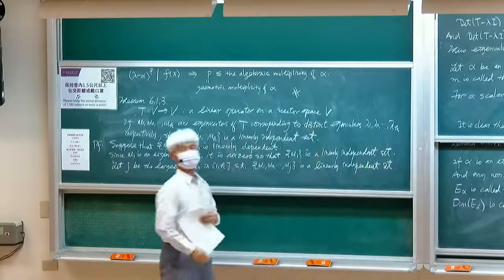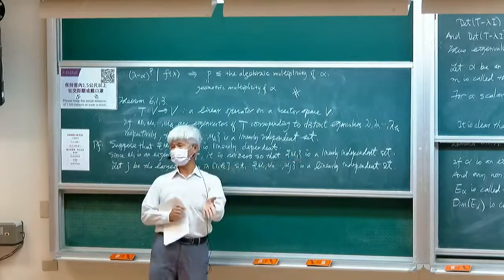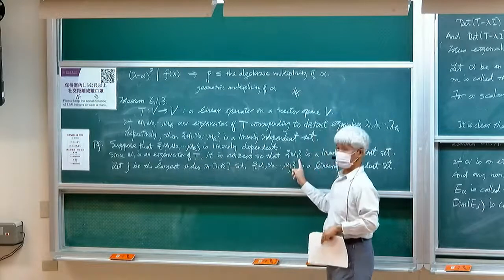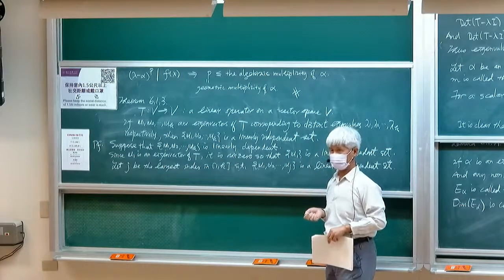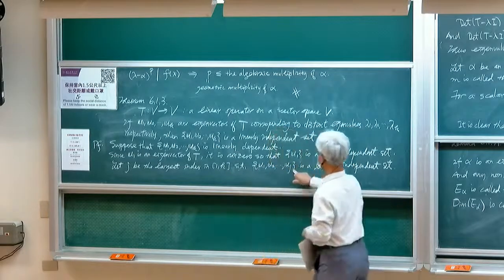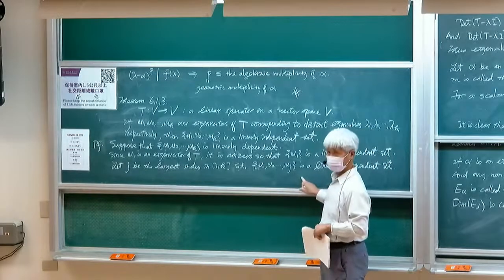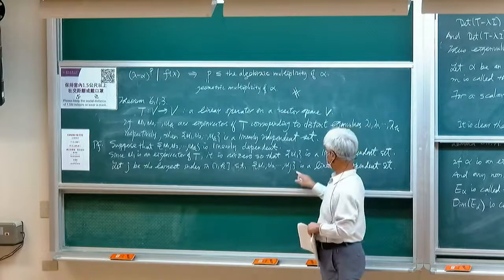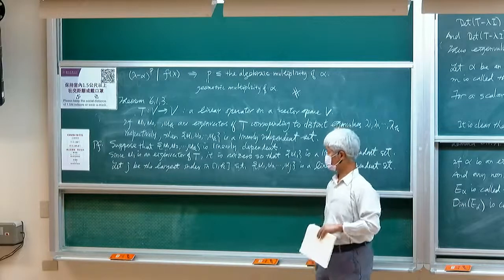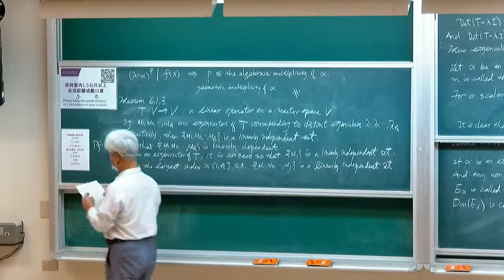Because this singleton is linearly independent, we see, how about including U2? Is it linearly independent? Yes, then we move on, up to the biggest J. Then if we consider U sub J plus 1 and add it, the set becomes linearly dependent, so we stop. J is the largest index for which the set is linearly independent.